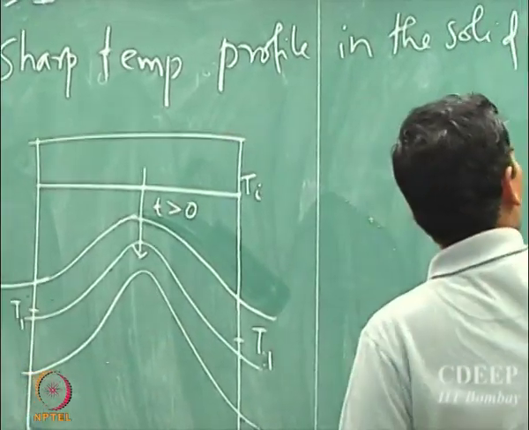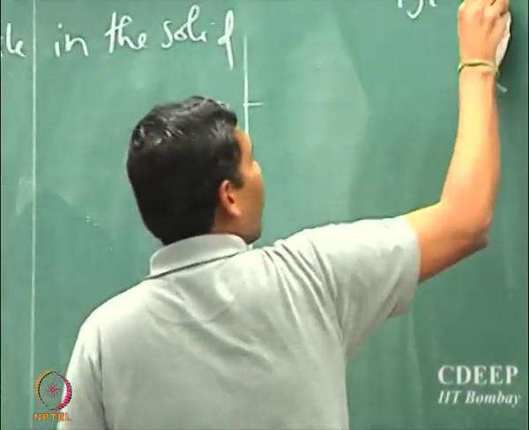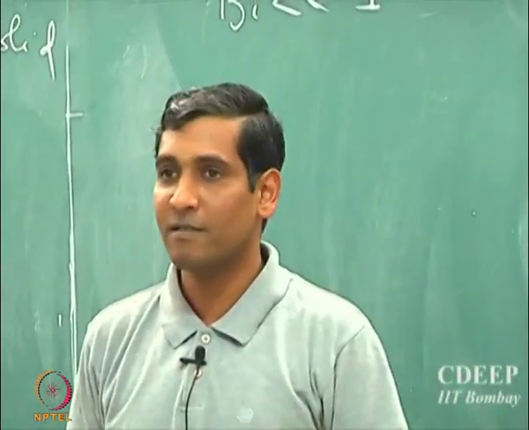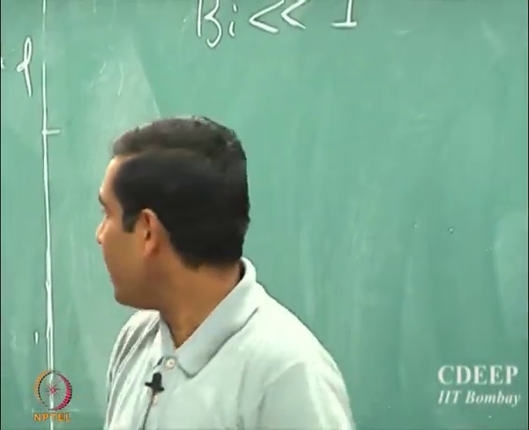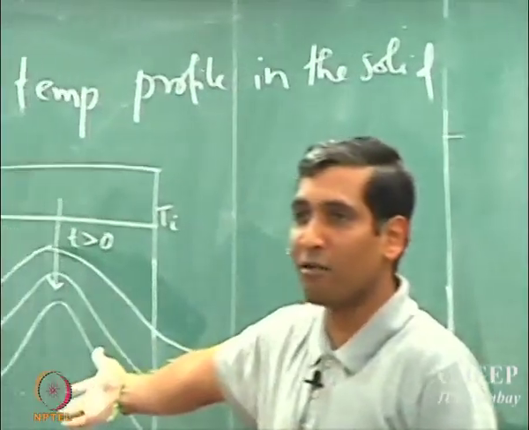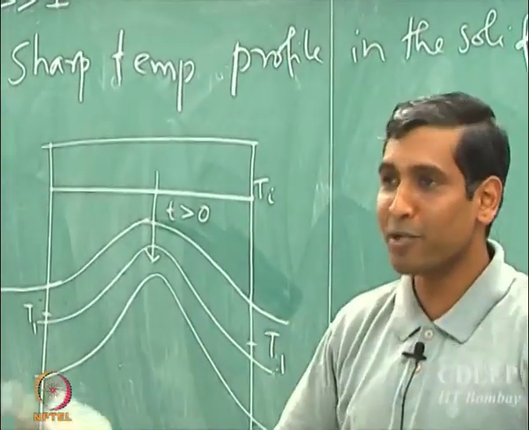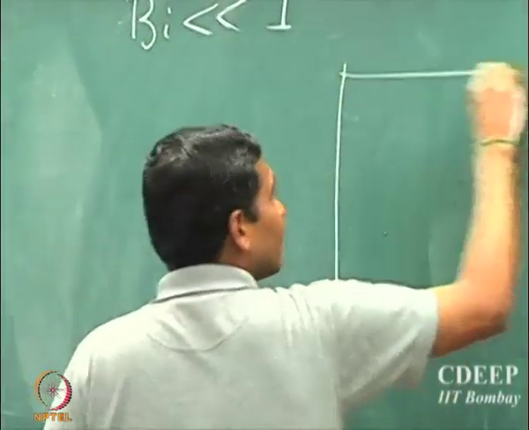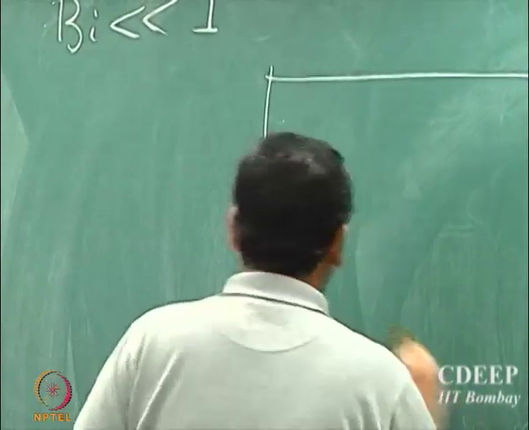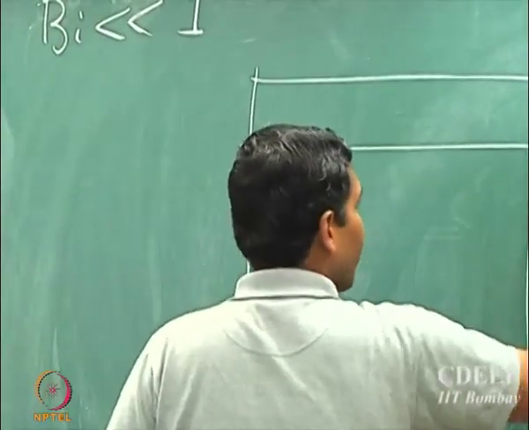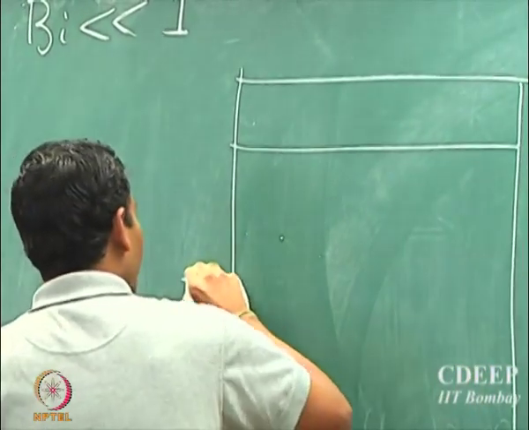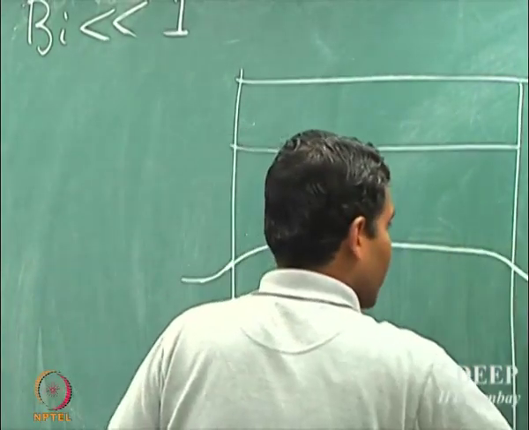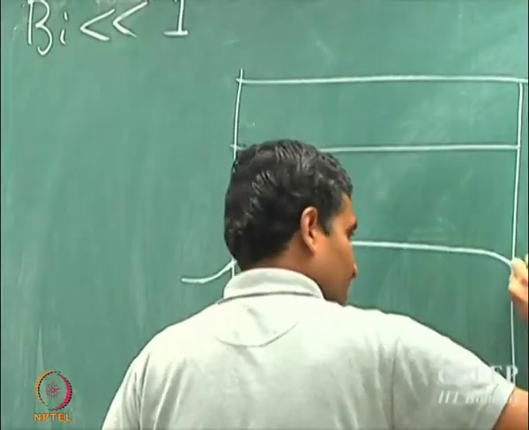So similarly, I could draw for Bi much smaller than 1. If Bi is much smaller than 1, what would you expect? What will be the temperature profile inside the solid? It will be almost flat, it will be almost uniform. So one could sketch the temperature profile. If Ti is the initial temperature, you will have sharp gradients outside, but not so sharp gradients inside.